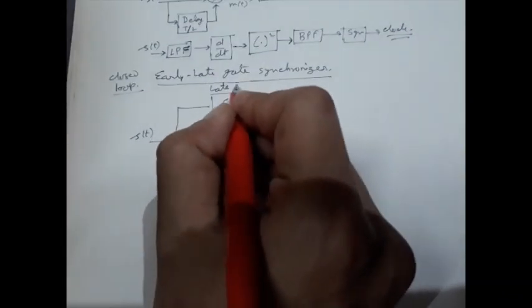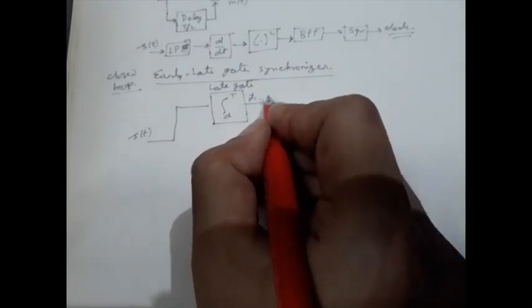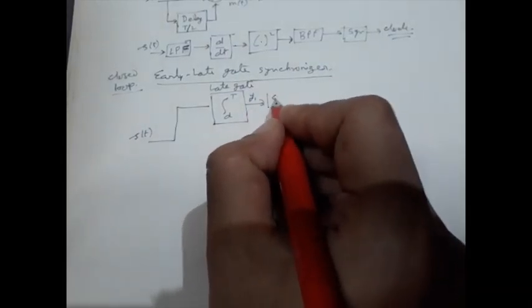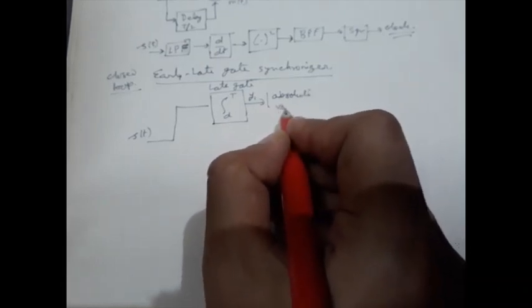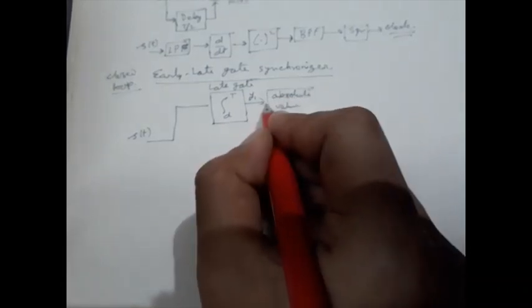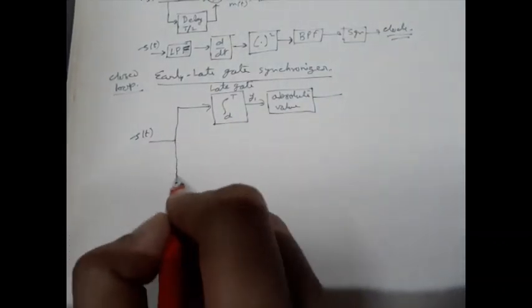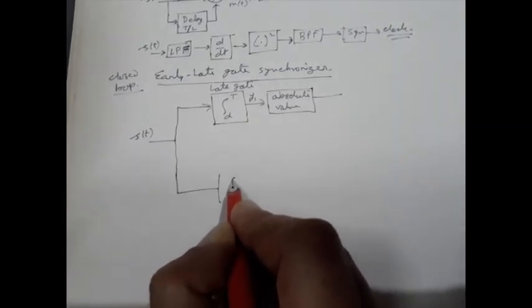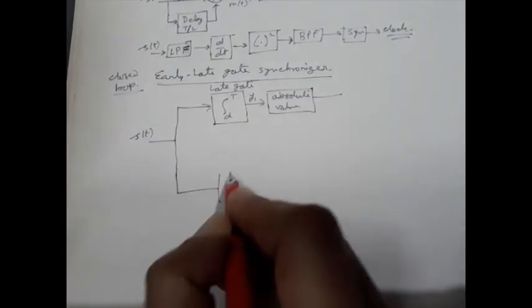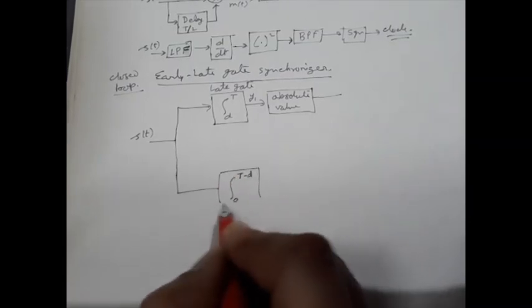This is the late gate, output is y1, we will extract the magnitude with the help of this block, absolute value. We have another path, in this path we have another integrator.